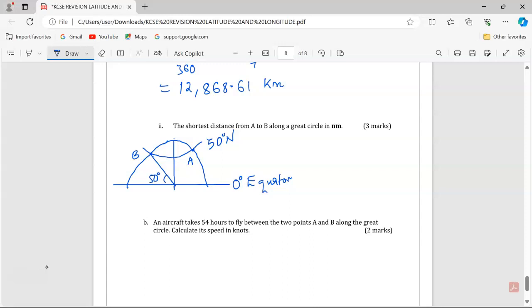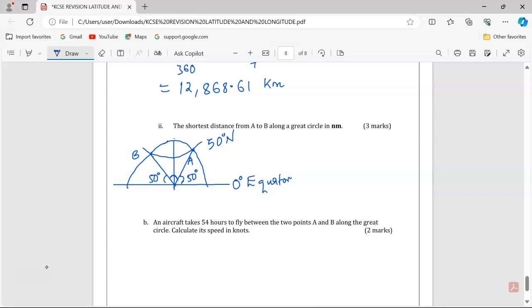And again, to point A, we also need an angle of 50 degrees. That means the remaining angle, so that we may calculate the distance along a great circle.